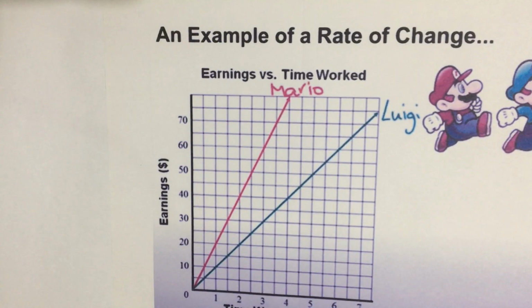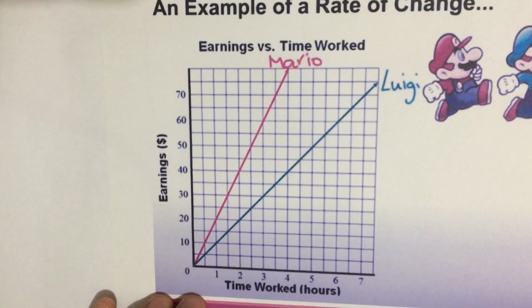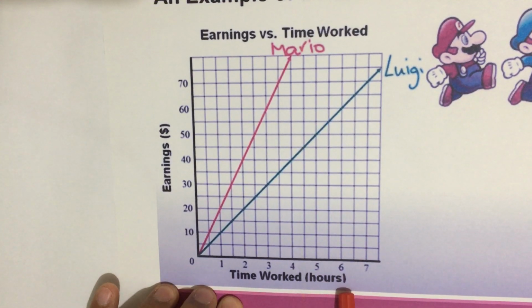If you can still remember, there was a game about these guys. They are plumbers, so they are earning. The earnings are shown in this graph. If you look at Mario's earning, look at the vertical. This is the earning in terms of dollars, and this horizontal part is the time worked in terms of hours.